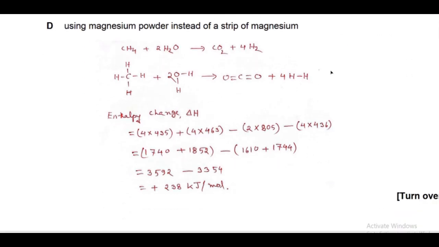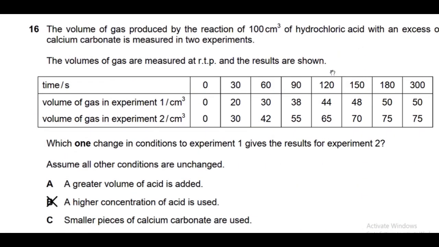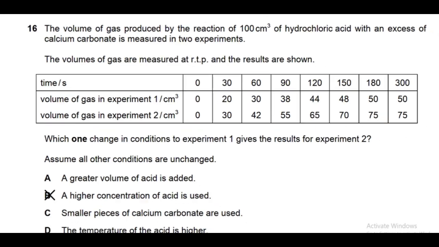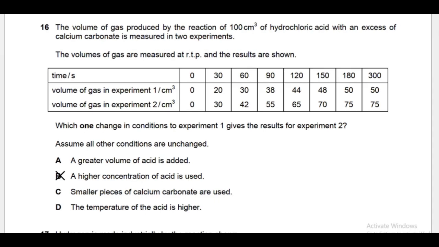Next, 16. The volume of gas produced by the reaction of 100 cm³ of hydrochloric acid with excess calcium carbonate is measured in 2 experiments.